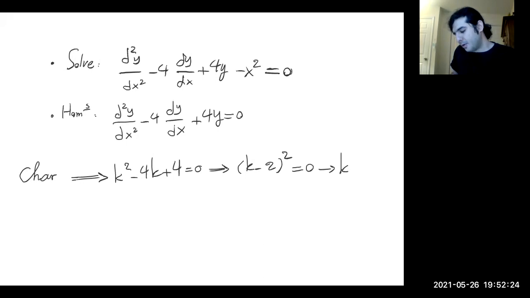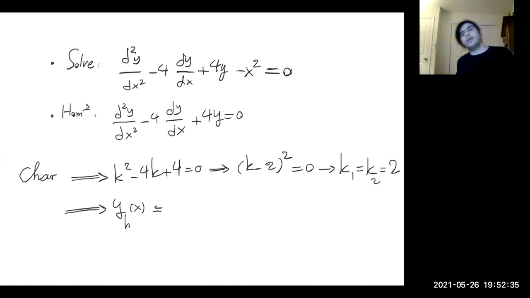Therefore, both roots are equal to 2. At this point, we know that the homogeneous solution is a linear combination of e to the 2x and x e to the 2x. So C1 times this one plus C2 times the other one.